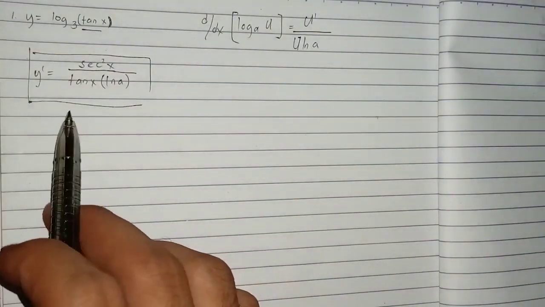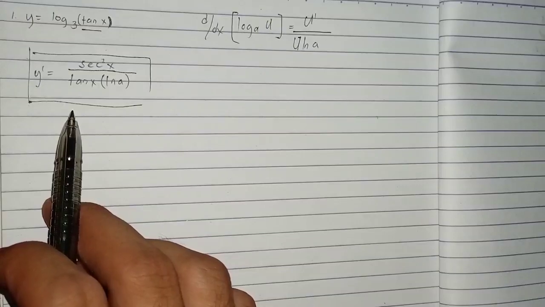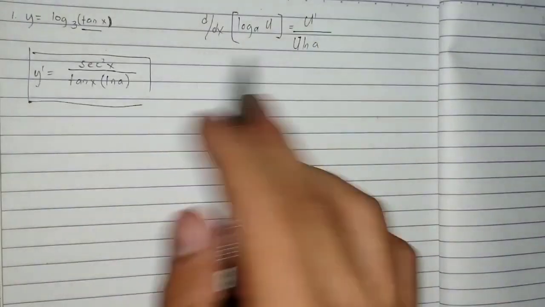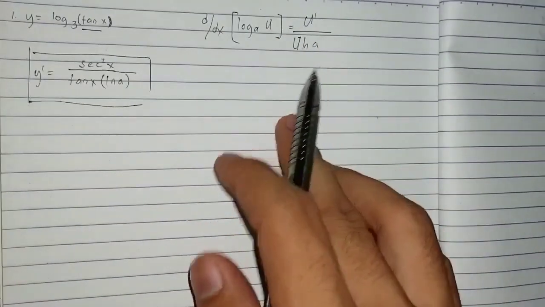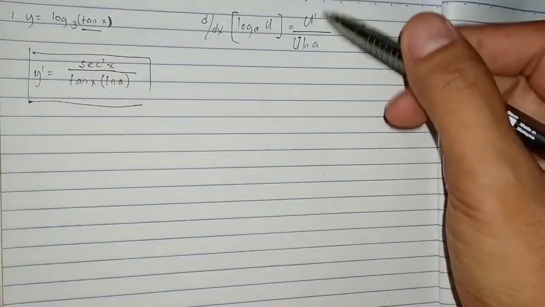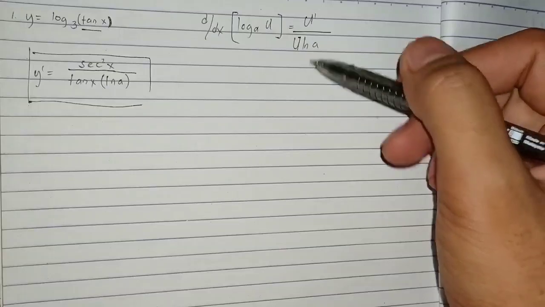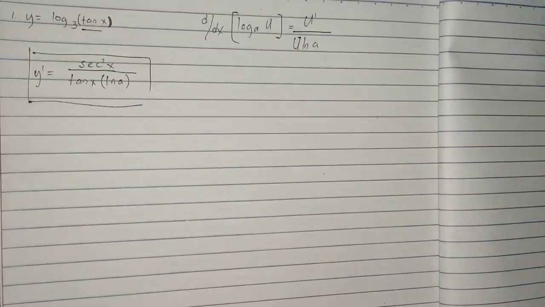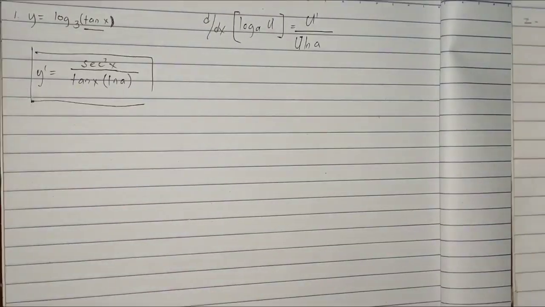Napakadali lang i-differentiate ng isang logarithmic function with the help of this formula. So all you have to do is find the value of u prime, u, and our base. So i-substitute mo lang and then yun na yung derivative ng logarithmic function.